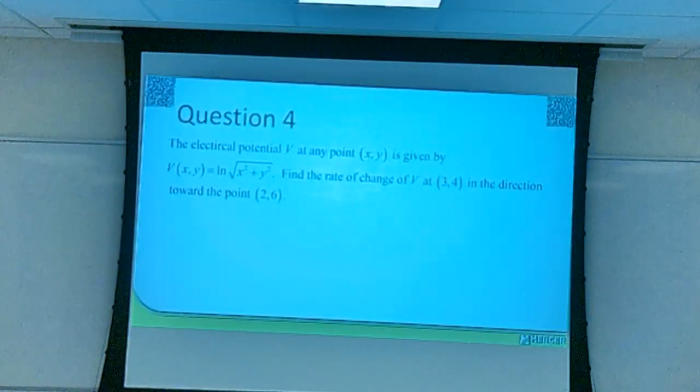Electrical. Learn how to spell. Electrical potential. The point is given by natural log squared of x squared plus y squared. Find the rate of change of V at (3,4) in the direction toward the point (2,6).